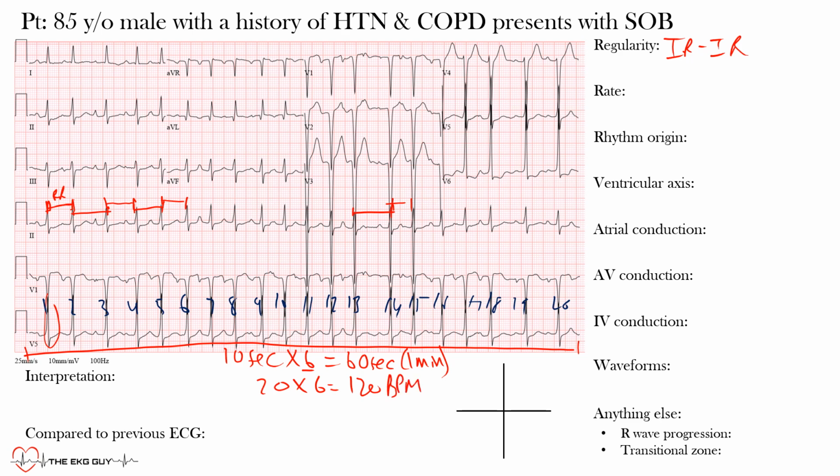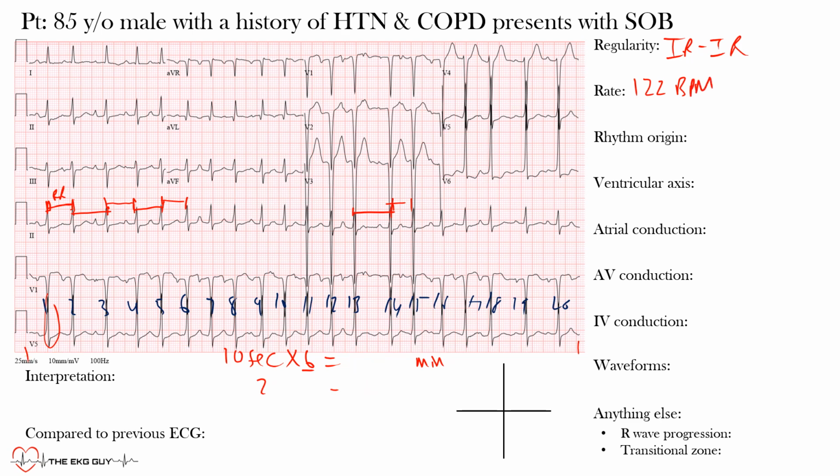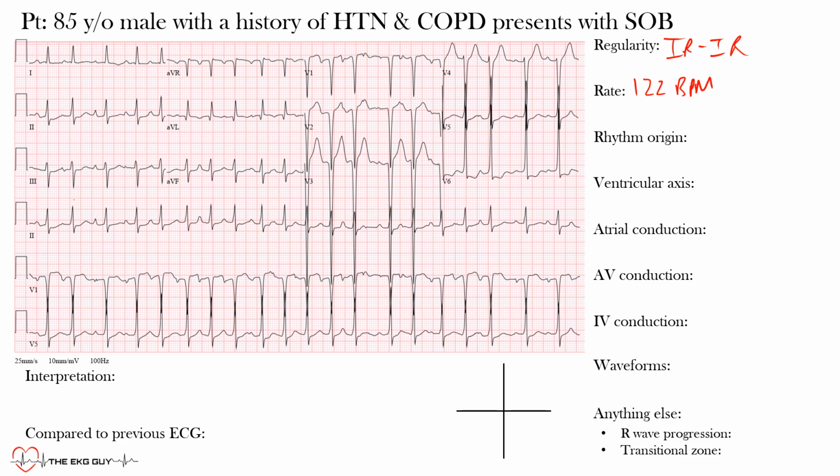Now the machine gave us a rate of 122 beats per minute, which is close enough, and we'll take that. So hopefully that makes sense, all right? So let's just clear this up. 122 beats per minute is our ventricular rate. You can also find the atrial rate by doing the same thing and just counting up the P waves. You can use the T waves and also use that to find the ventricular rate as well.